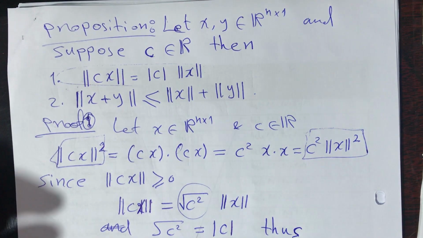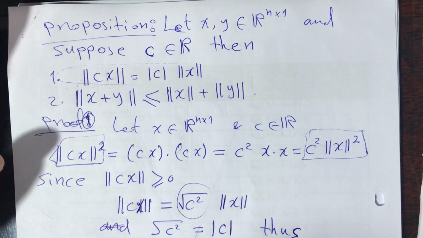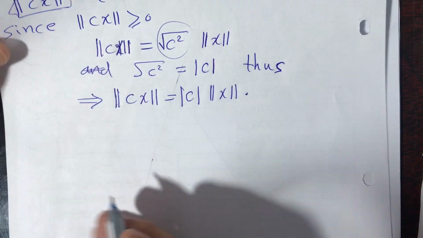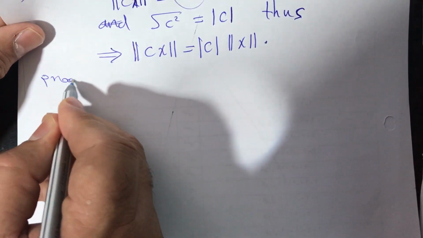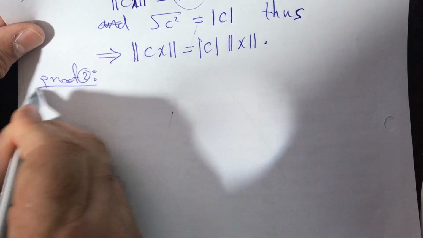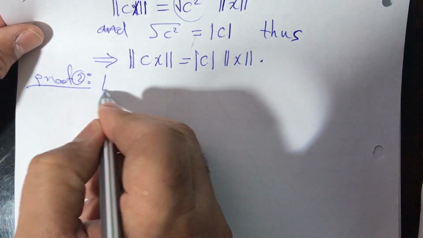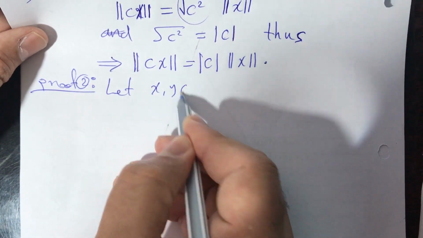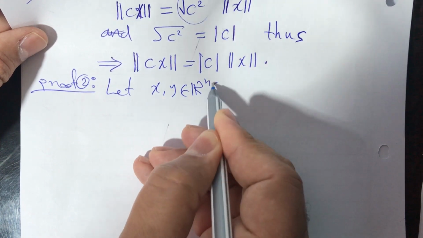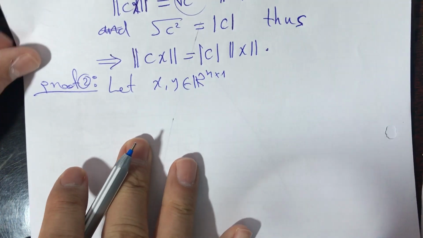And now proof 2. Let x, y belong to R^(n×1).